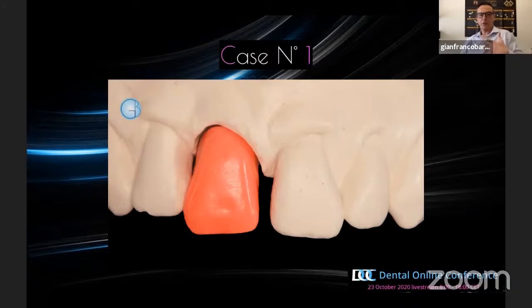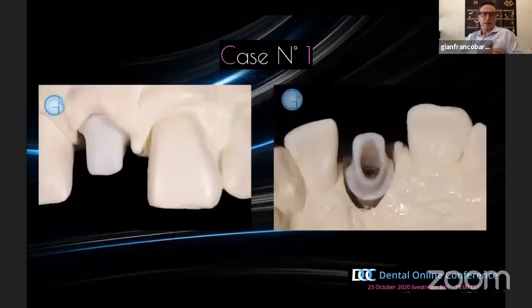In this moment, we can do everything. This workshop or digital workshop is indispensable. After this, we are going to create an abutment.